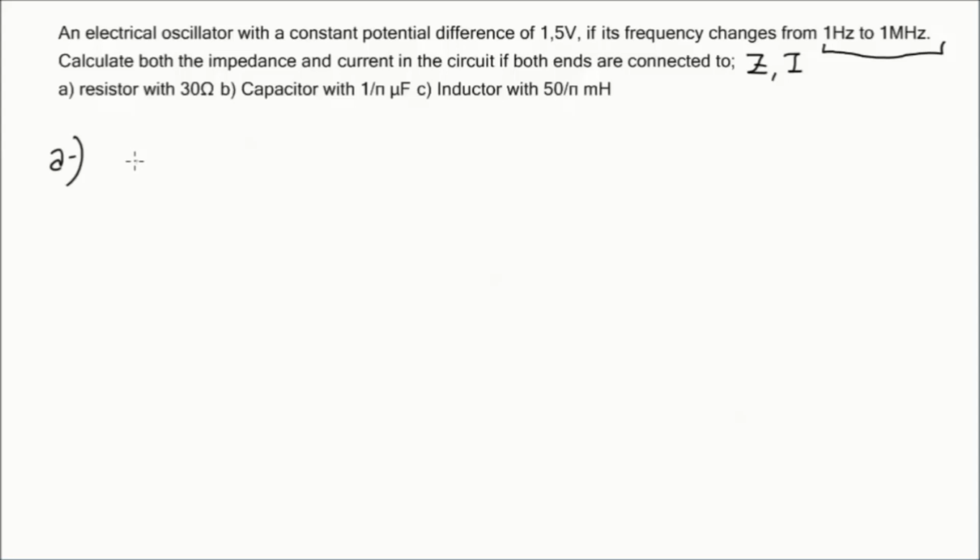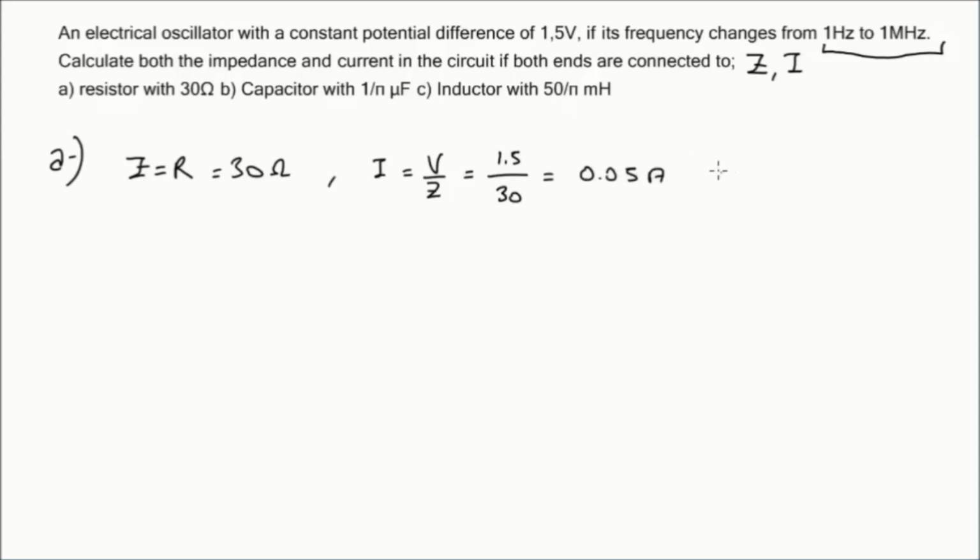For the AC circuit, if there is only a resistor, Z equals R, and that means it equals 30 ohm. And the current equals V over Z for the AC circuit. V is 1.5 over Z equal 30, so it's going to be 0.05 ampere.